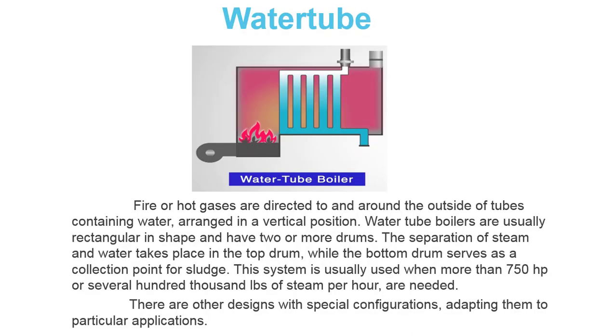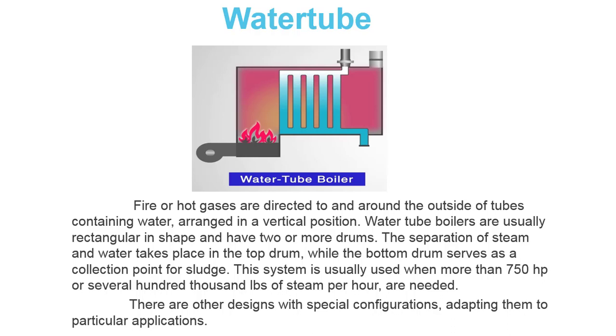Water tube boiler. Here fire or the hot gases are directed to and around the outside of the tubes. Water inside the tubes is arranged in vertical positions. Water tube boilers are usually rectangular in shape and have two or more drums. The separation of the steam and water takes place in the top drum, while the bottom drum serves as a collection point for sludge.